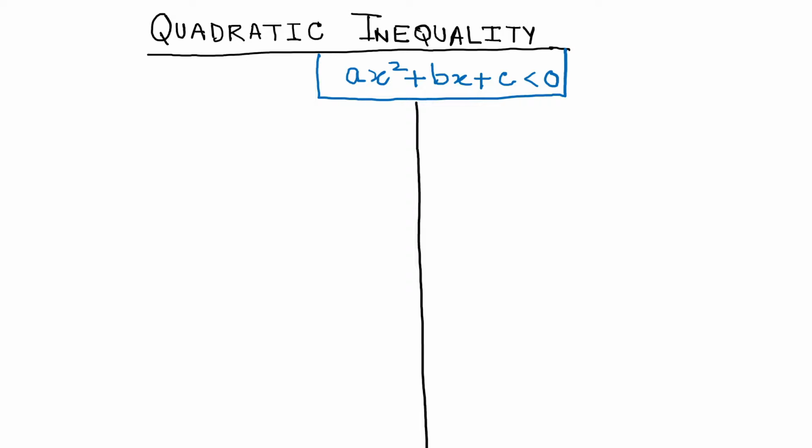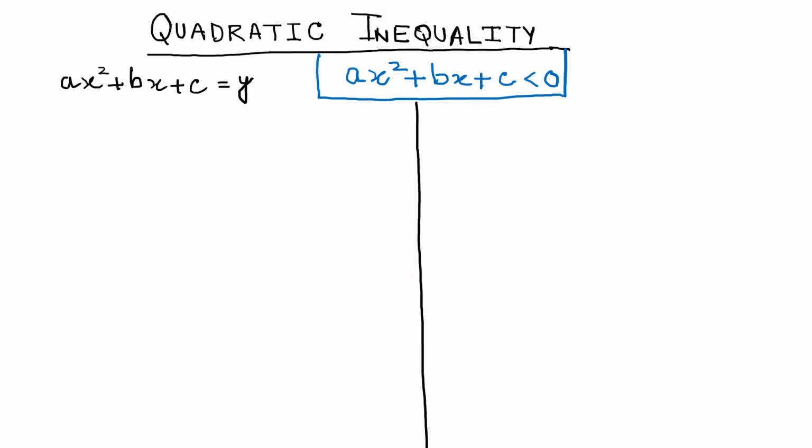Now we are taking a quadratic expression ax square plus bx plus c, and the inequality aspect being considered here is less than 0. We begin by equating the expression to y, which is nothing but the range of this function.